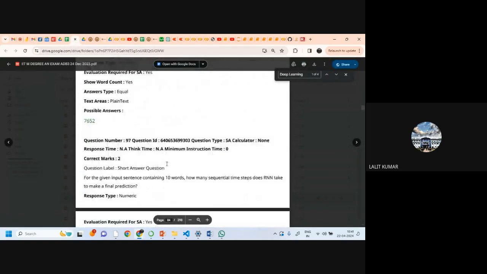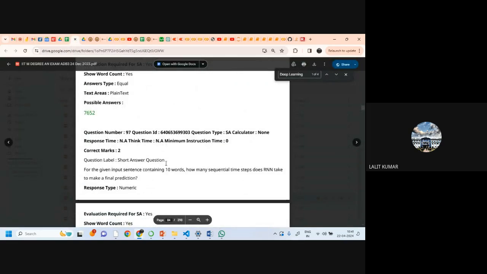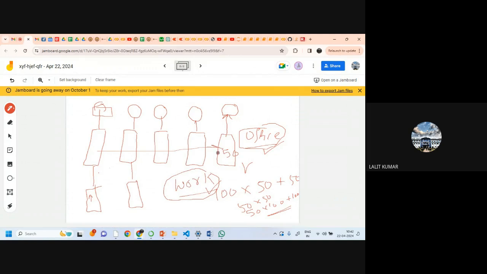So we go to the next one. For the given input sentence containing 10 words, how many sequential time steps does the RNN take to make a final prediction? It is asking something simple. How many words are there in this question? There were 10. Yes.